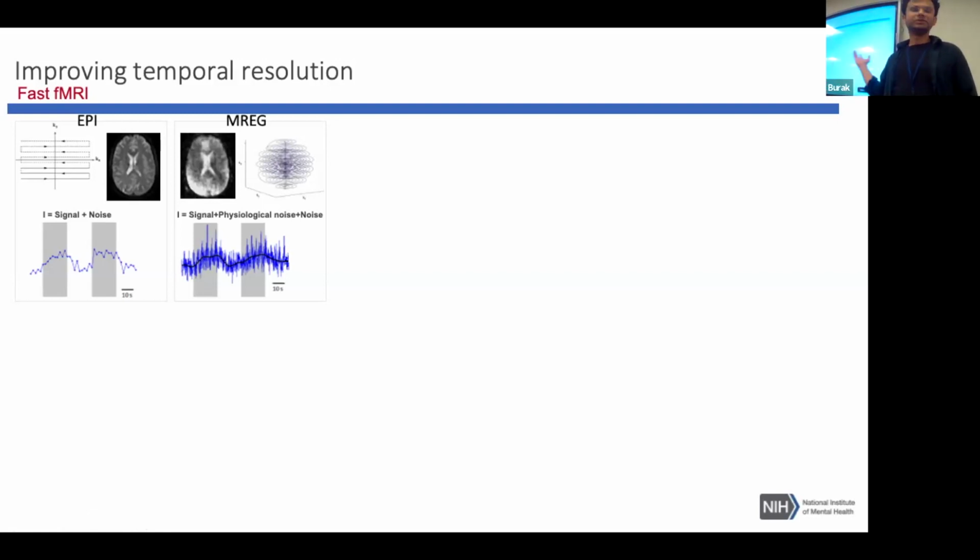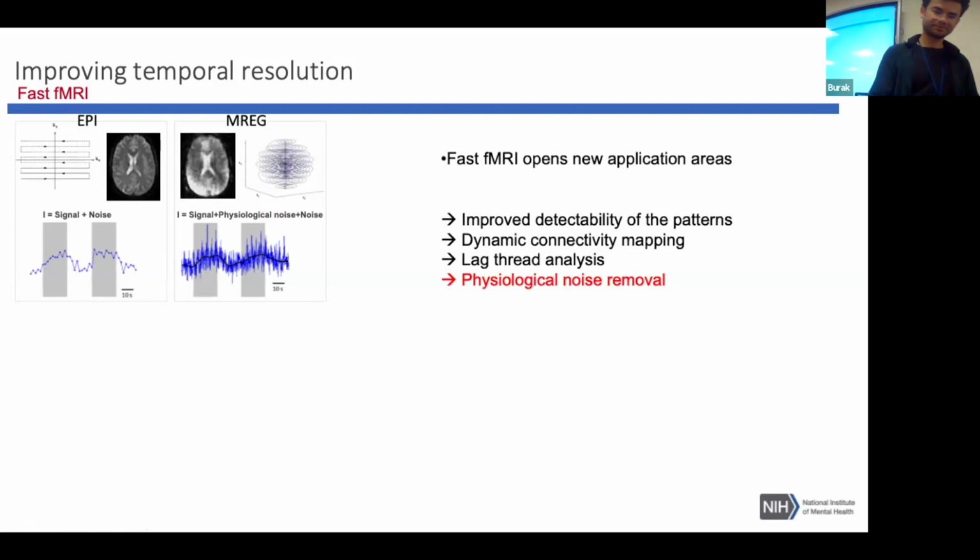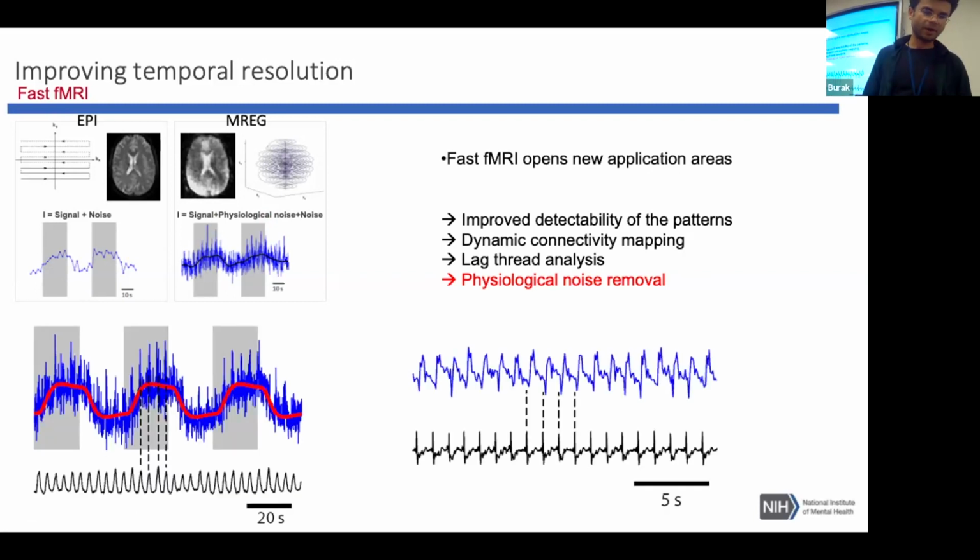And then you can model differently because you start to see more fluctuations, which are potentially related to physiology. In this case, instead of signal plus noise, the model could be signal plus noise plus physiological fluctuations. So fast fMRI opens new application areas that I'm not going to mention here, but it is particularly important for physiological noise removal or understanding it in a better way.